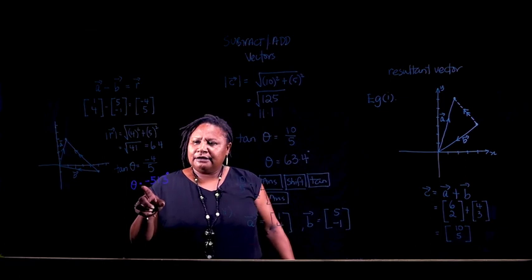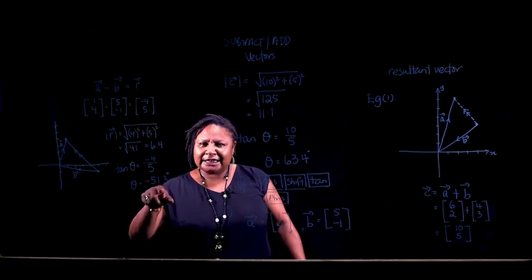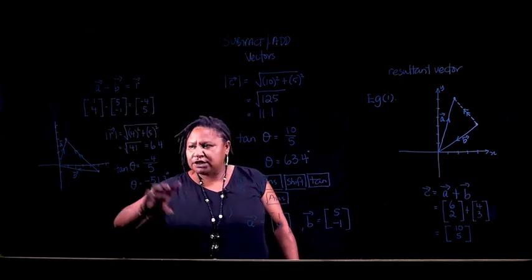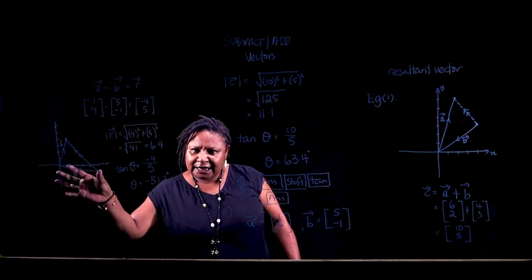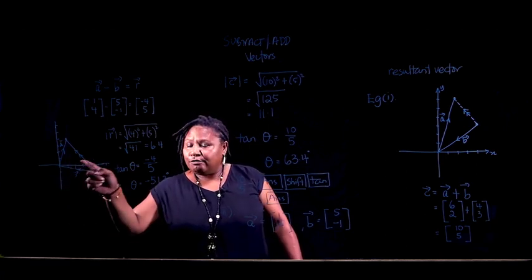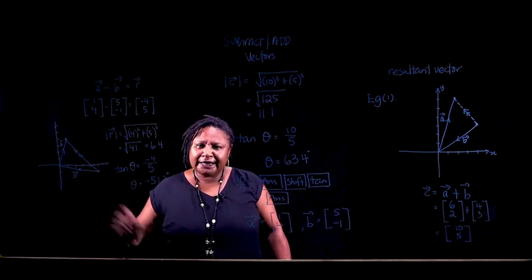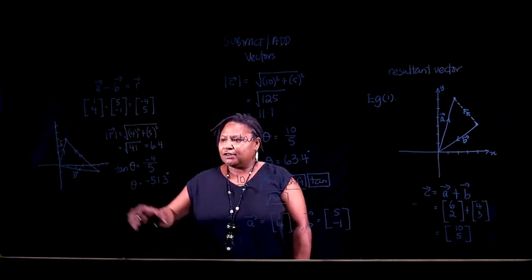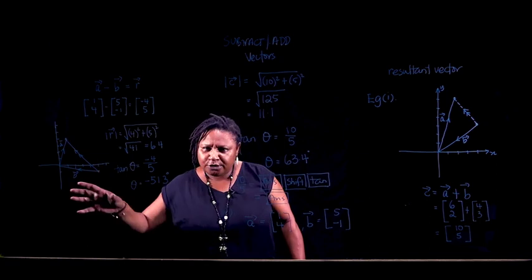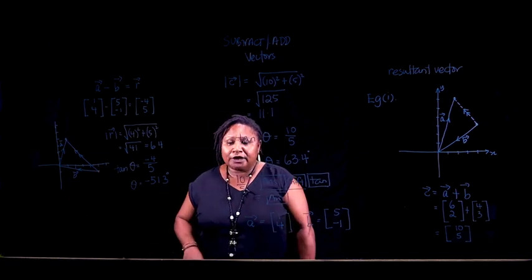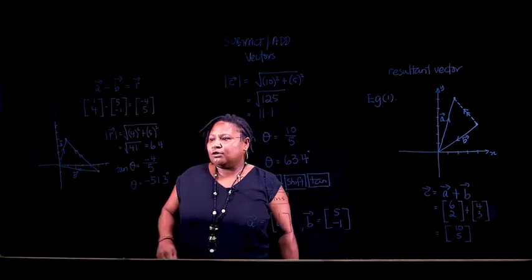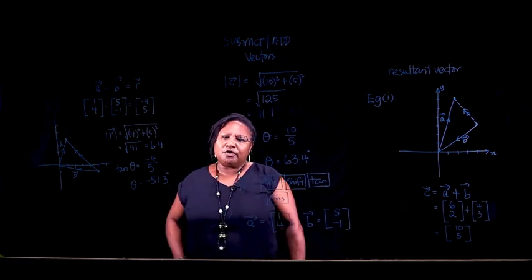Why is this negative? Because our answer is lying in the fourth quadrant, where tangent will always be negative. This is something that you are going to cover in some of your next lessons, not with me, but you will come across this.